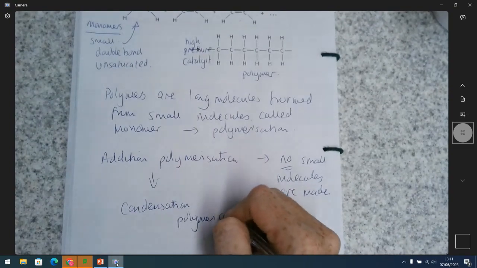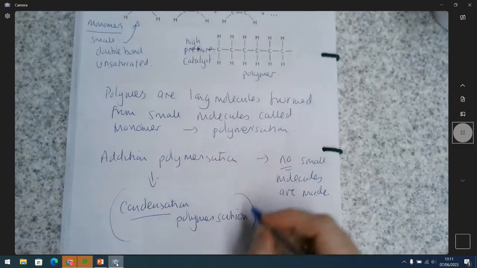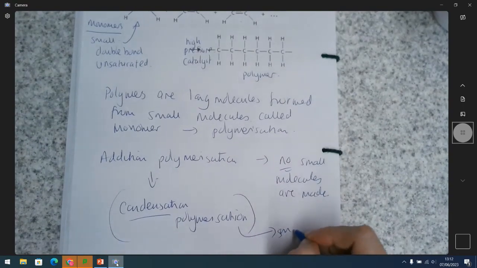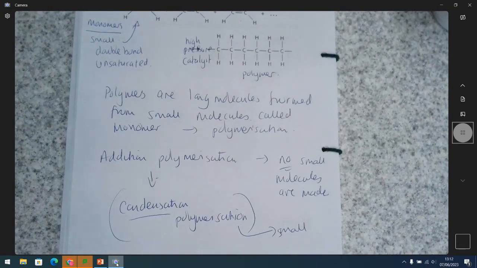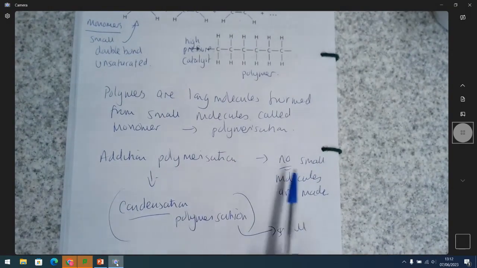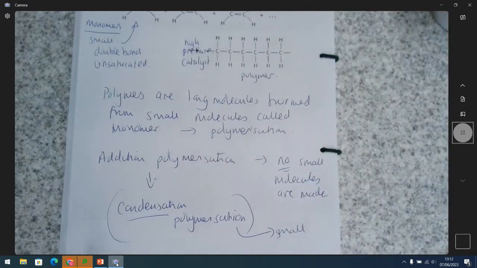And in condensation polymerization, as the name says, you will make a small molecule. We'll talk about that when we come to look at condensation polymerization. So just be aware that in addition polymerization, you only make the polymer. You do not make an additional substance, whereas if you're comparing that to condensation polymerization, you do.